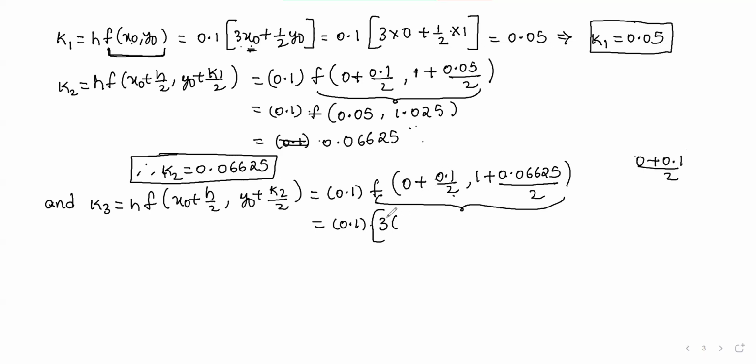So the value is 0.1 by 2. 0.1 by 2 plus 1 by 2 into 2 plus 2 ones are 2, 2 plus something.